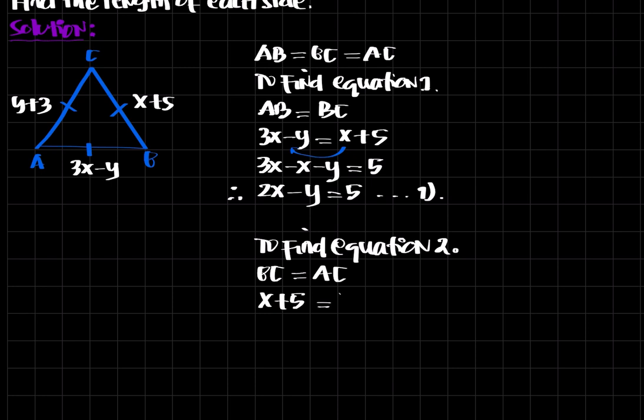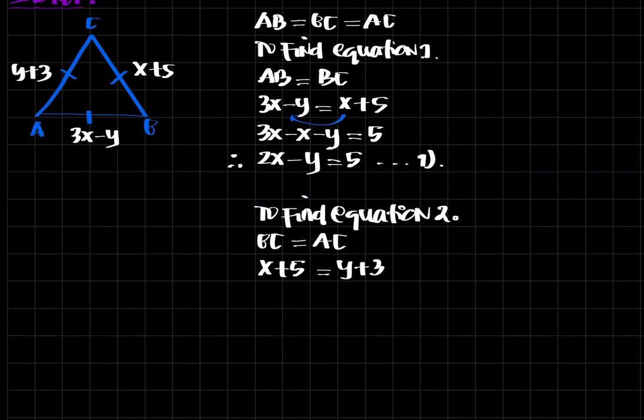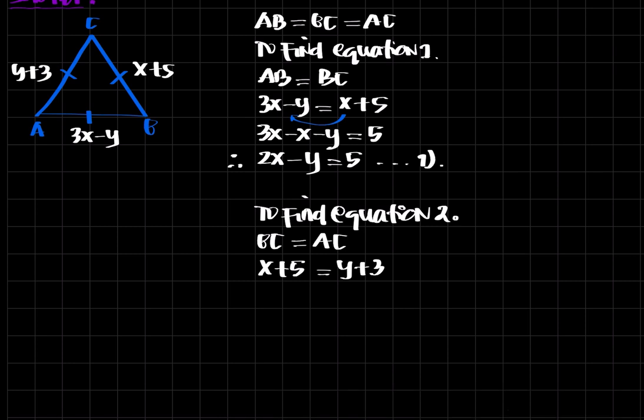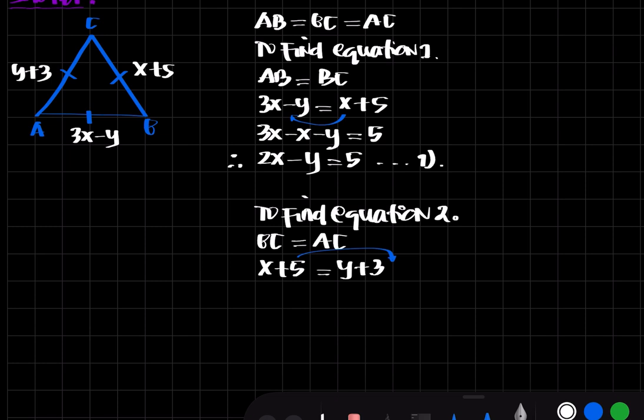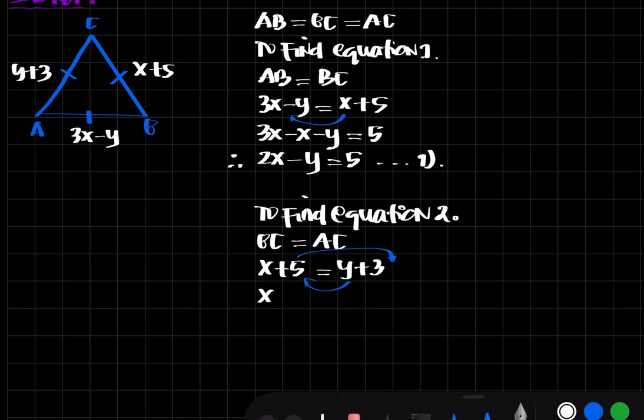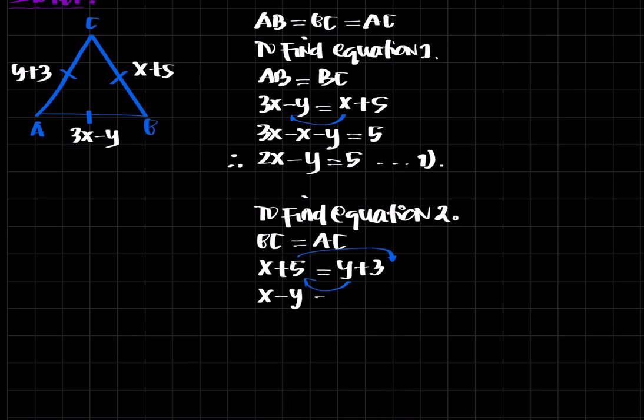Now I want to move this here, then x, and also I have to move this to that side. So then x minus y equals 3 minus 5. x minus y equals negative 2. So this is going to be the second equation.